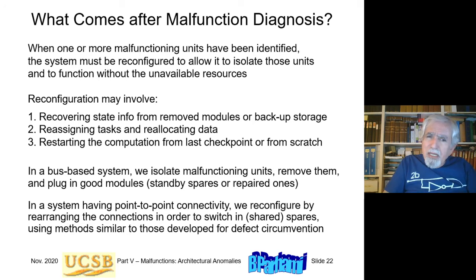You have to reassign tasks and reallocate data to other modules that will take the place of the malfunctioning module. Sometimes you have to restart the computation from the last checkpoint or from scratch. We'll cover checkpointing in a later chapter.